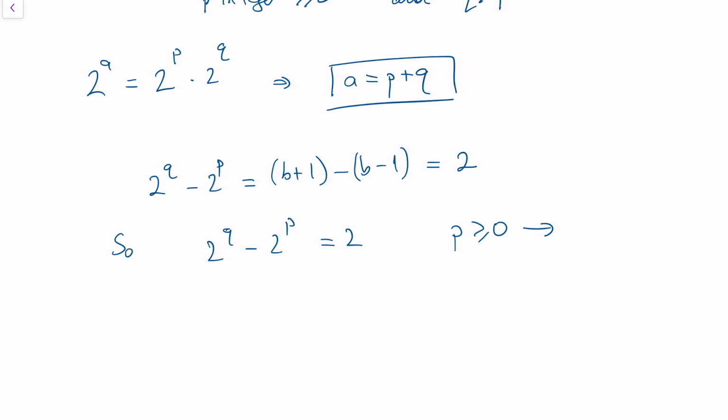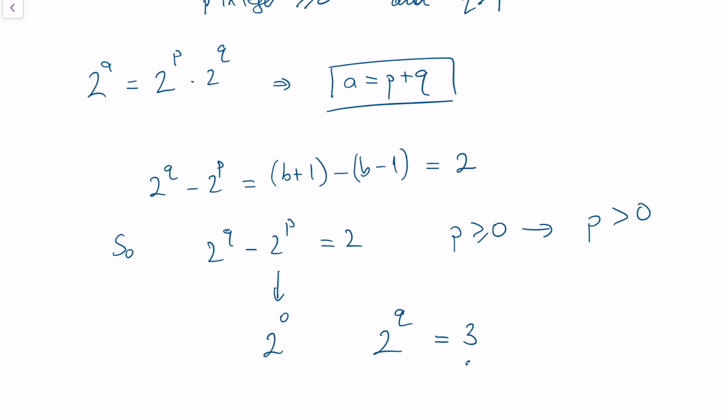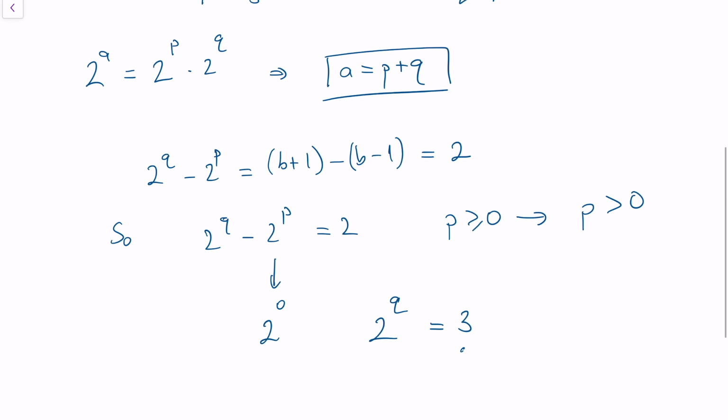Now, we can make this condition more strict by saying p must be strictly greater than 0, because if p is equal to 0, we will have 2 to the 0 there. In other words, we will have 2 to the q is equal to 3, which is impossible. We have an odd number on the right-hand side and an even number on the left. So we are saying that p must be strictly greater than 0.